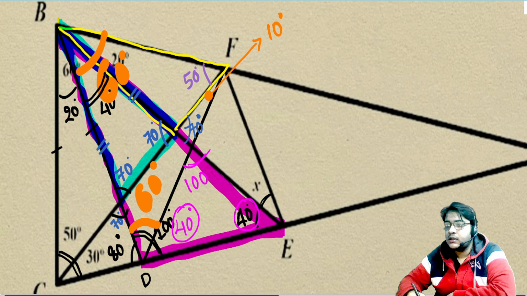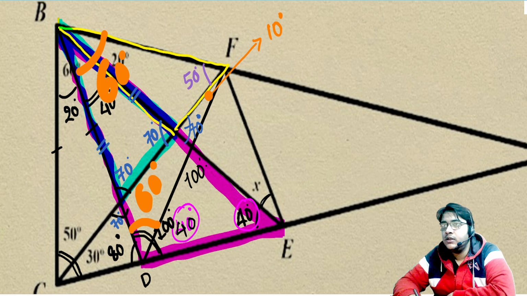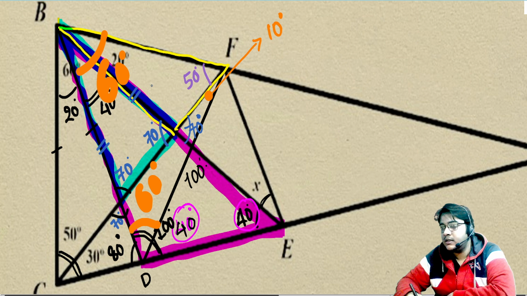Let me use a different color. 100 degrees. Yeah, so this is 100 degrees, because 40 and 40 is 80, plus 100. If this is 100, you know very well that this angle is coming out as 80 degrees.